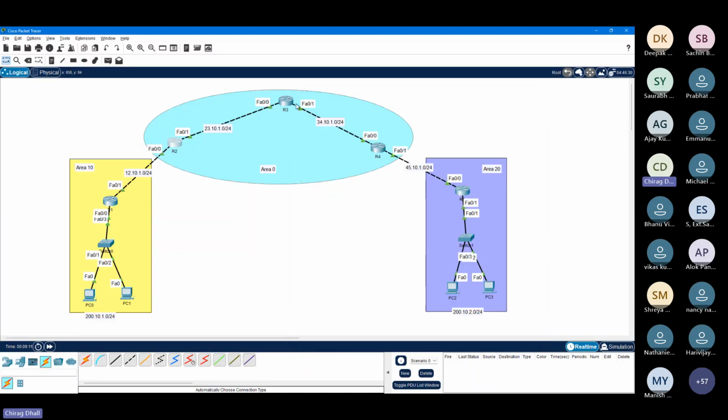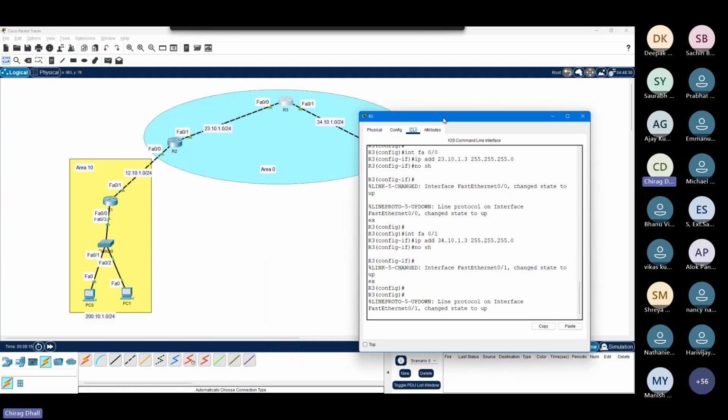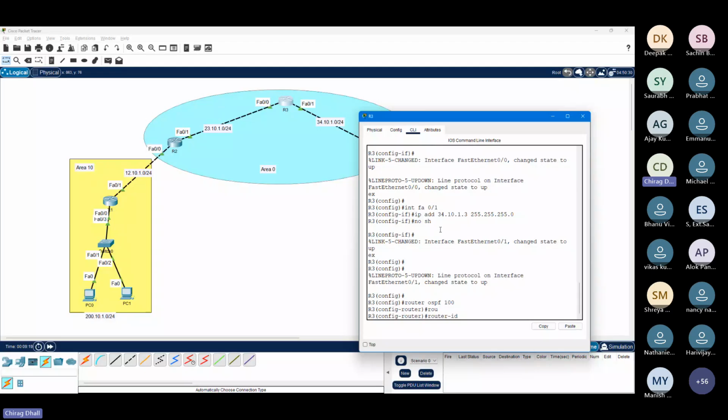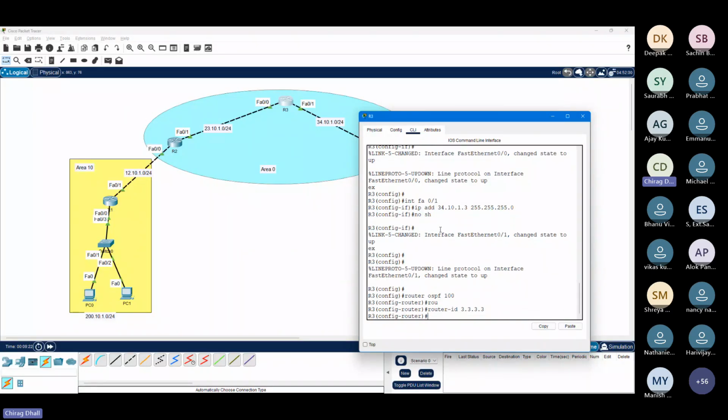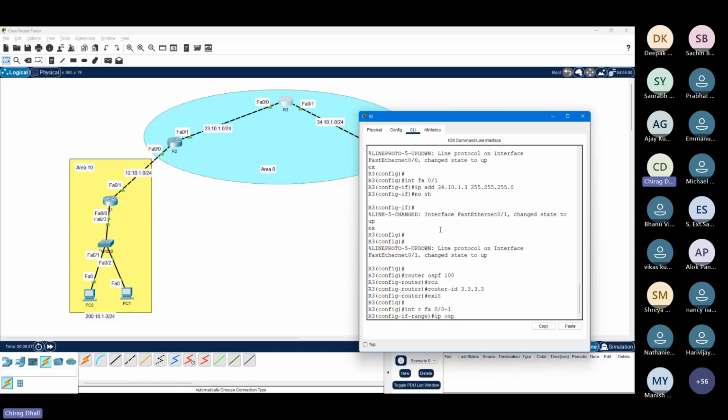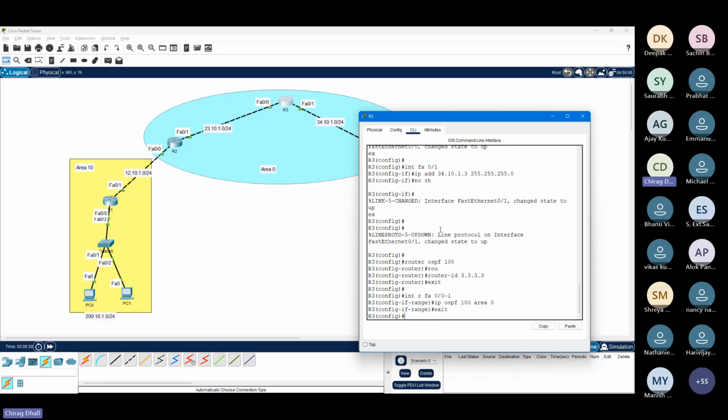Then we have the router 3. Router 3's both interfaces will participate in area 0. So config t, router ospf 100, router-id 3.3.3.3, exit, interface range FA0/0 to 1, ip ospf 100 area 0.